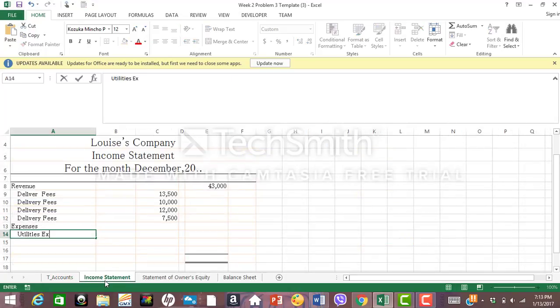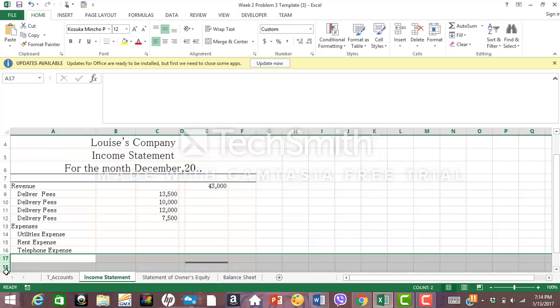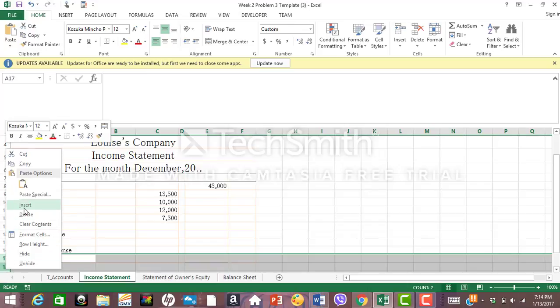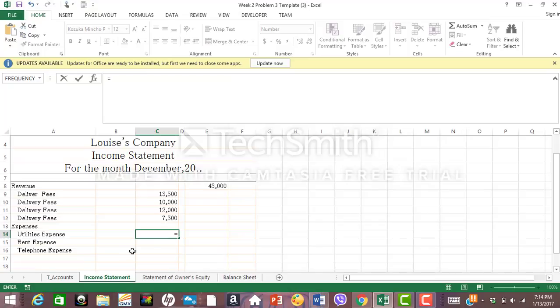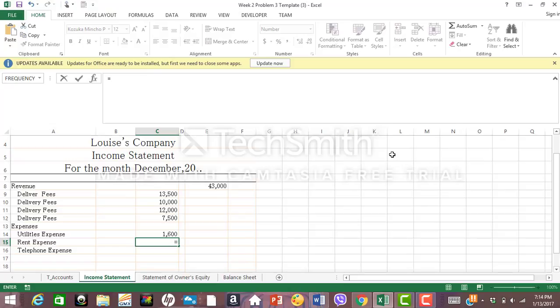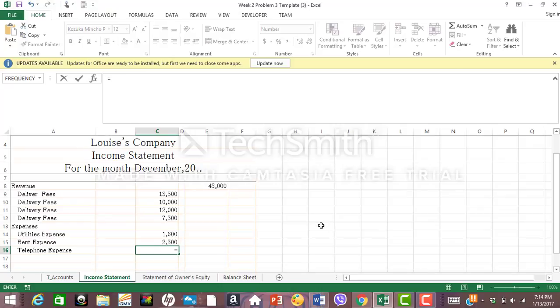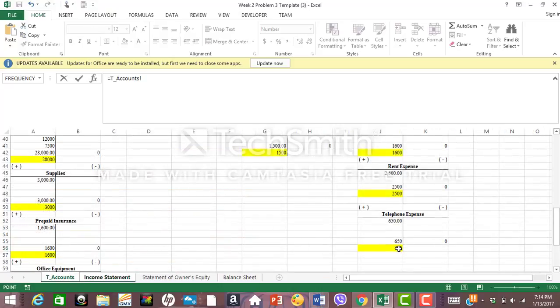Utilities expense is equal to 1,600. Then we have rent expense, which is 2,500. And then telephone expense, which is 650.